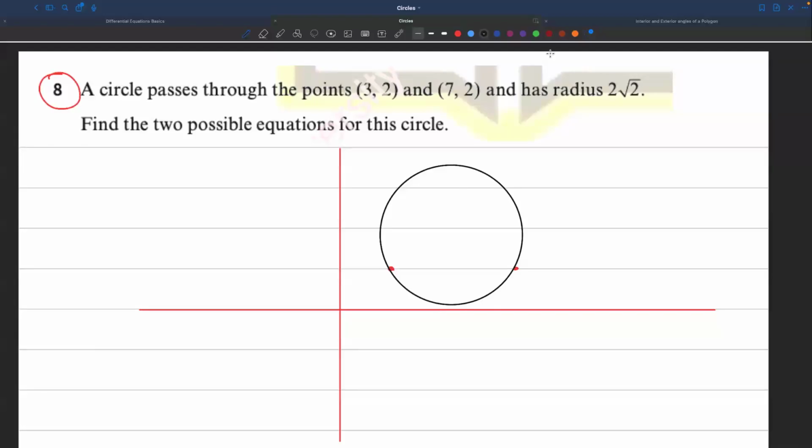So the circle passes through these 2 points and the radius of the circle is, let's say this is the center, the radius is 2 root 2. Obviously from here as well it's 2 root 2. This point is 7 comma 2, this is 3 comma 2. I have to find the possible equations of the circle.